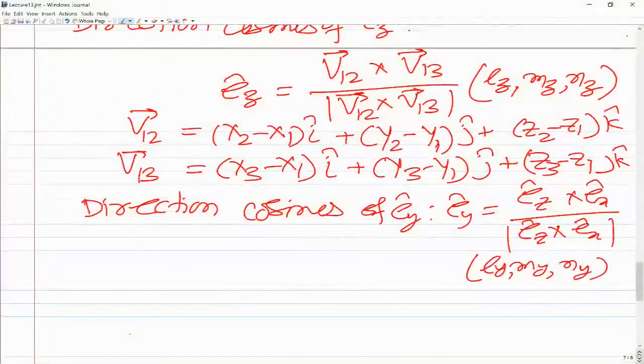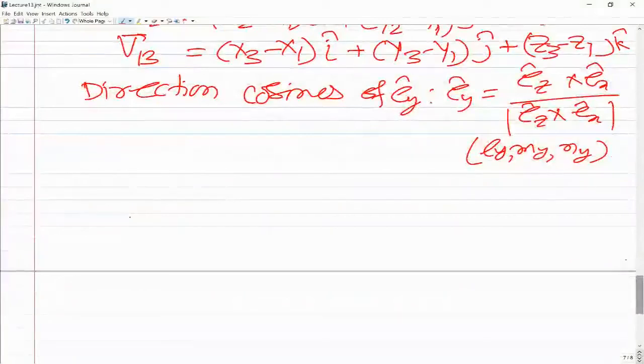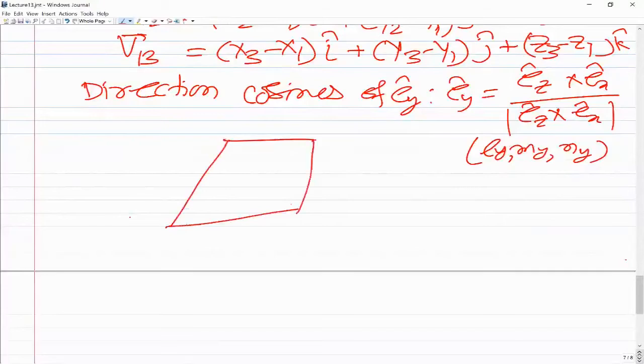Now once we have defined the unit vectors along the element local x-axis, y-axis, and z-axis with respect to the global coordinate system capital X, capital Y, and capital Z, we can transform the various degrees of freedom from the local coordinate system to the global coordinate system. So let me write that. Let us say we have an element with nodes 1, 2, 3, and 4.